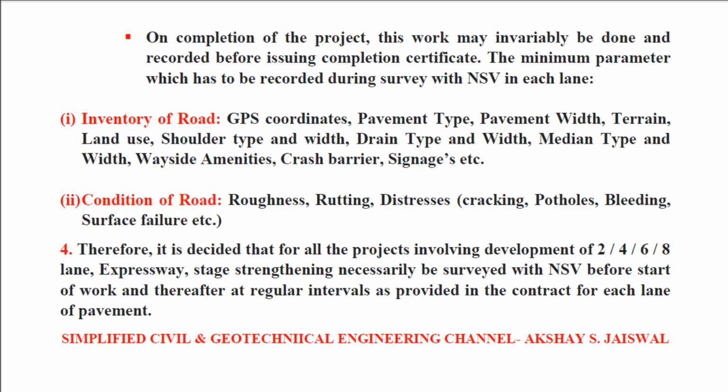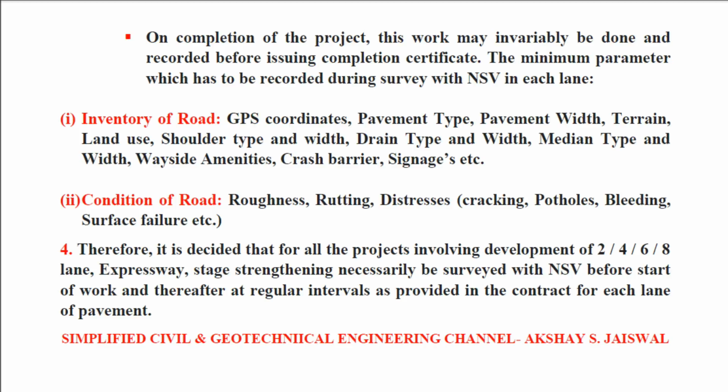First one is inventory of the road, that is GPS coordinates, pavement type, pavement width, terrain land use, shoulder type and its width, drain type and width, median type and width, wayside amenities, crash barrier and signages. Second one is condition of road: roughness, rutting, distress, that is cracking, potholes, bleeding and surface failure.